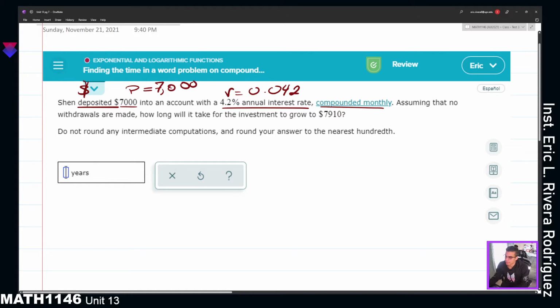Okay, so we have compounded monthly. Remember that we have two formulas for the financial problems. We have the compounded interest and we have the continuously compounded interest. Compounded monthly is telling us that we are dealing with the first formula. The first formula is, I'm going to write it here.